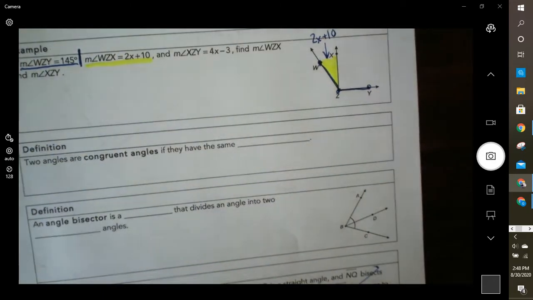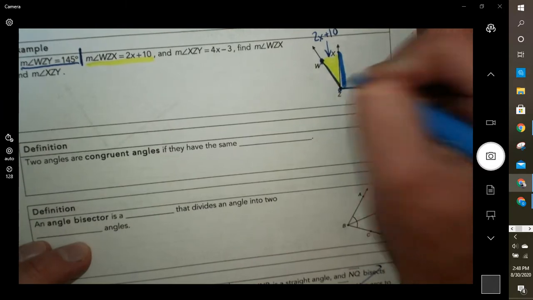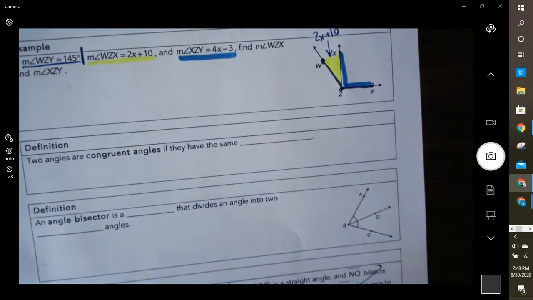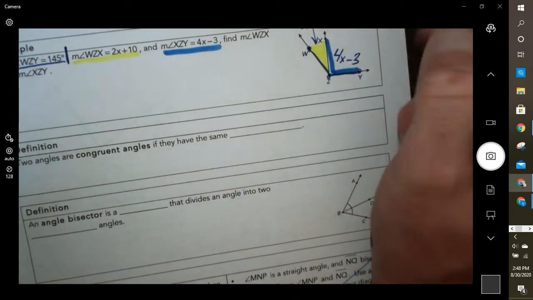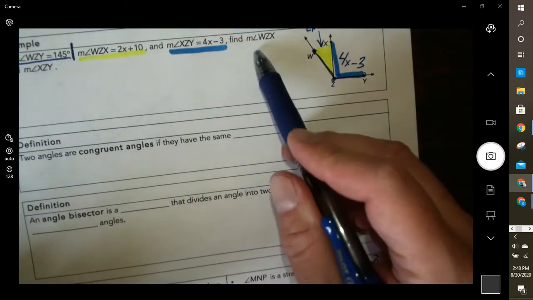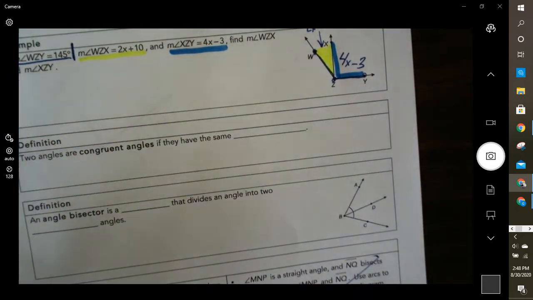And the measurement of XZY is another expression, 4x minus 3. So we'll type that in here as well. And find the measurement of both these angles, but they don't want an expression. They want just the numerical value.